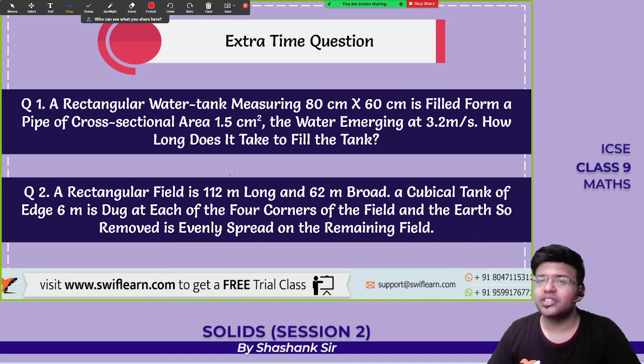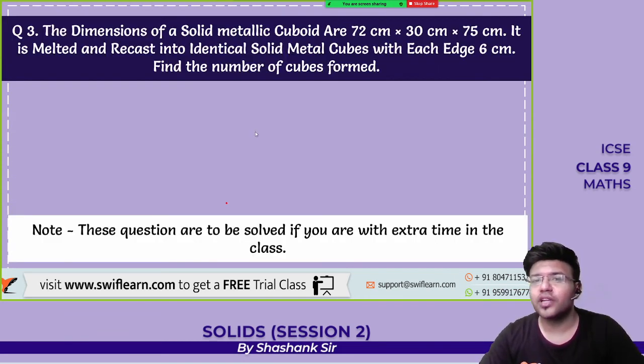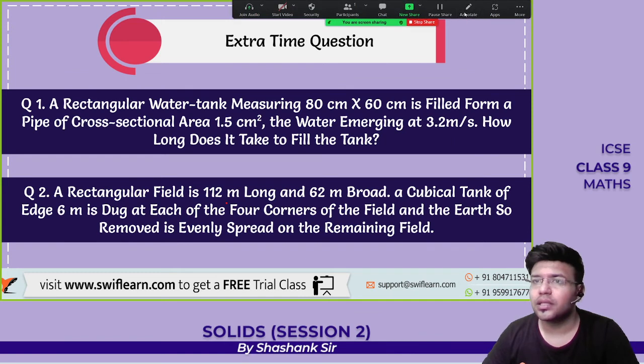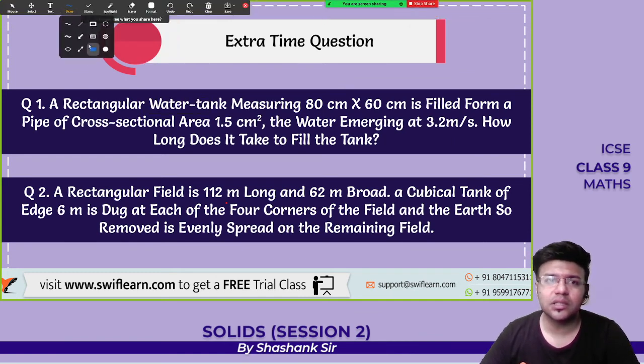Okay, so the same thing, see, rectangular field is this much broad. A cubical tank of 6 is cut at each of this. The remaining this is dug evenly spread. Find the area of the field. So what you need to do here is, see this, the second one, we will discuss the second one.